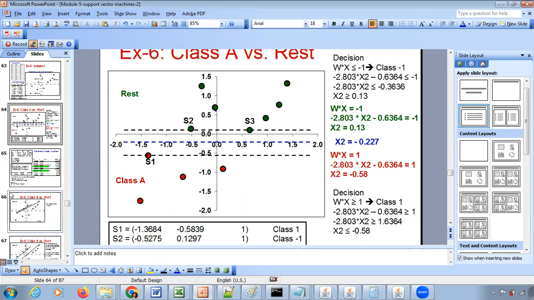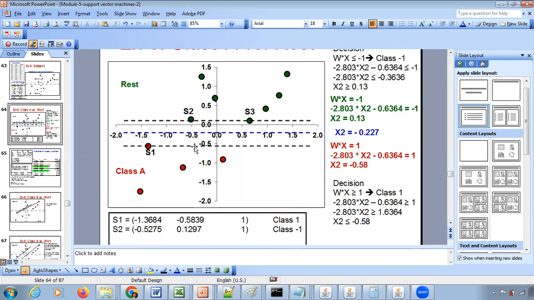So we fit that. The support vectors now need to be identified. If you look at this distribution, these 2 green data points are closer to the red ones, and this red data point is closer to the green ones. So we have 2 support vectors from the green class and 1 support vector from the red class.